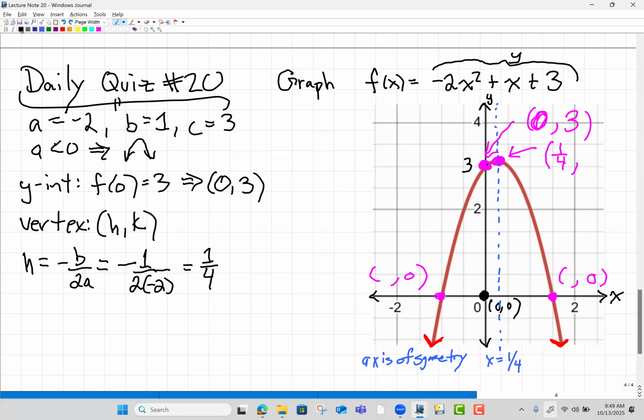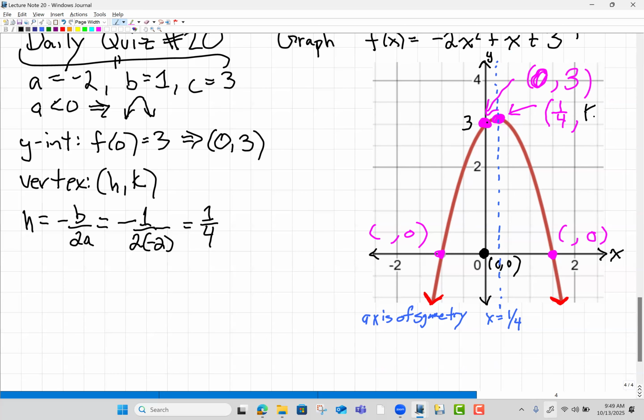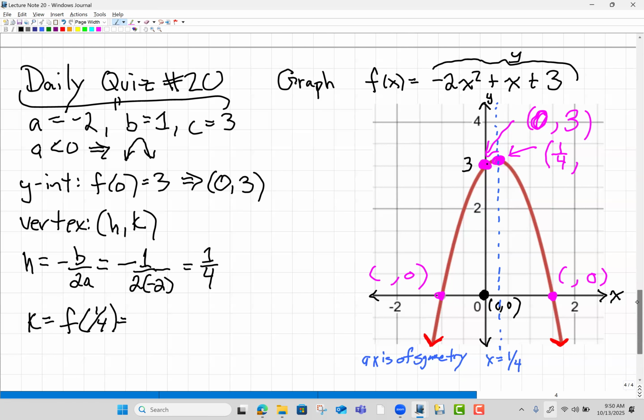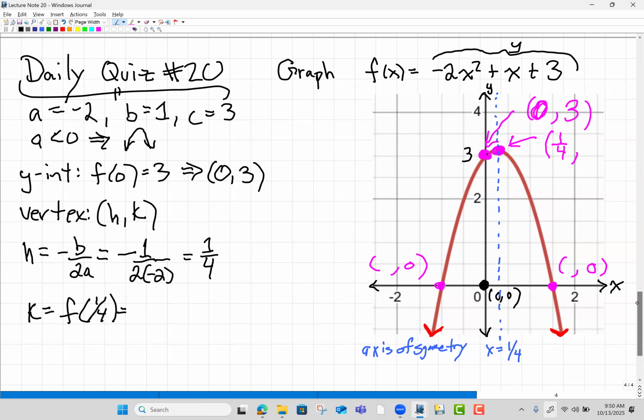So to get the y value for that vertex, which they like to call k, you just plug in whatever you got up here into the function. So let's plug that in. Now is the hard part. This is the arithmetic. I got a minus 2 times my input squared plus my input plus 3.